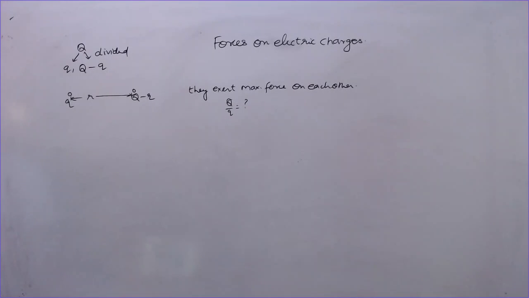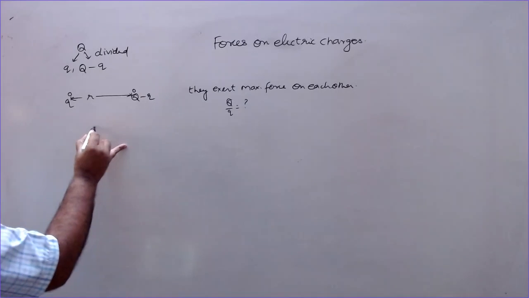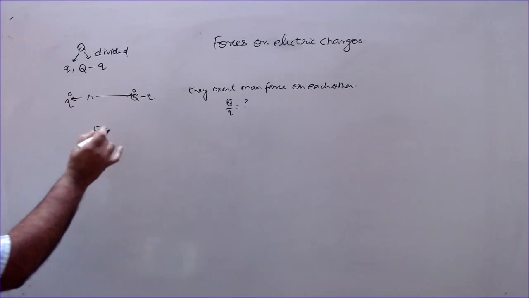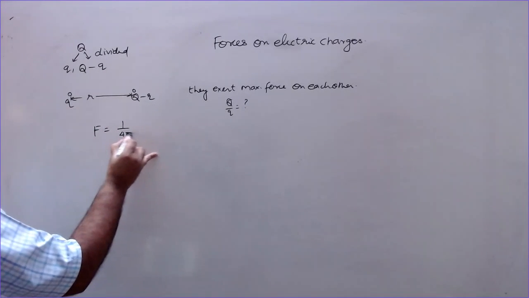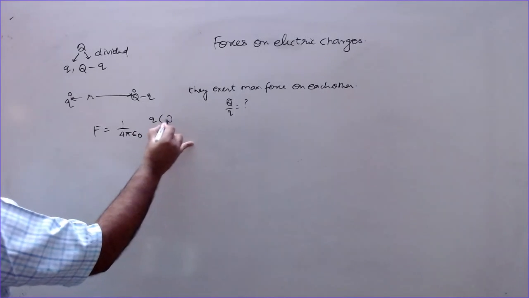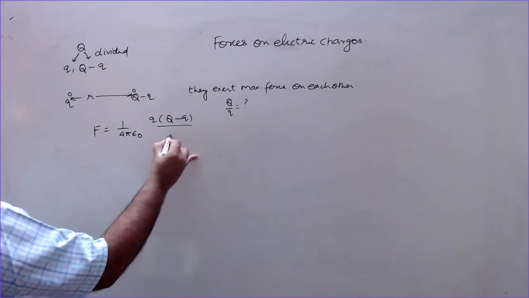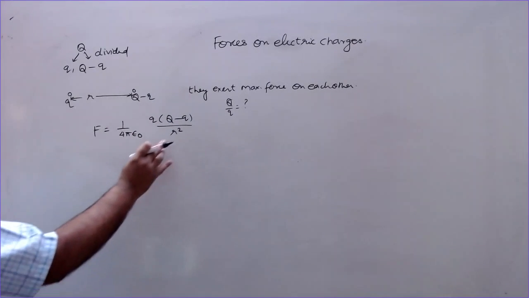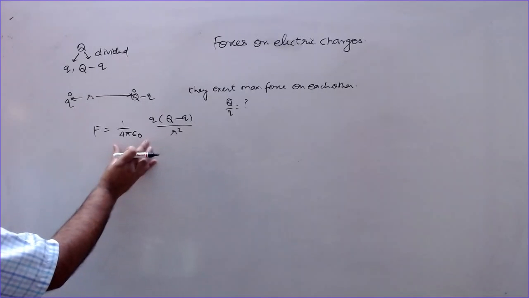First of all, let us write down the expression for the force which is applied by one charge on the other. So F is, they will be applying the same force, 1 upon 4 pi epsilon 0. Now you can see here, this is constant, this is constant.